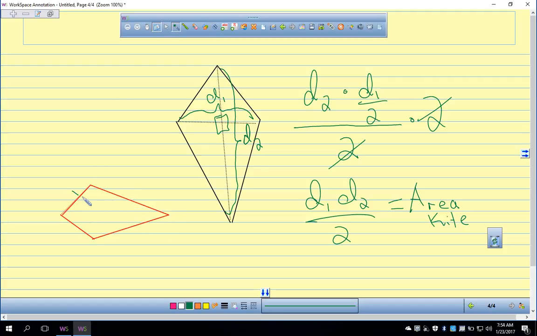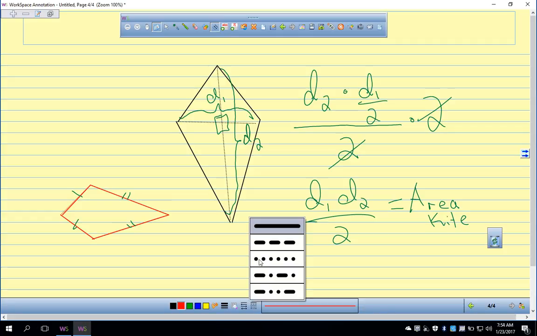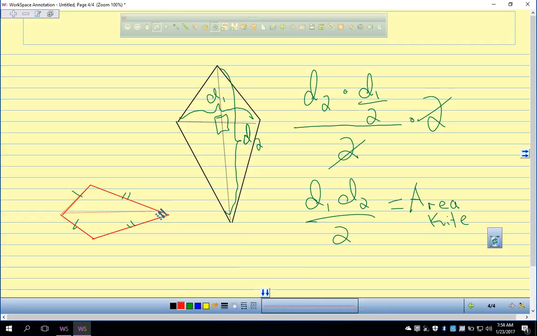Here's a kite indicated by this, this, this, this. I'll tell you that this is 10 from here to here. And this piece from here to here is 4. How do I find the area of that kite?